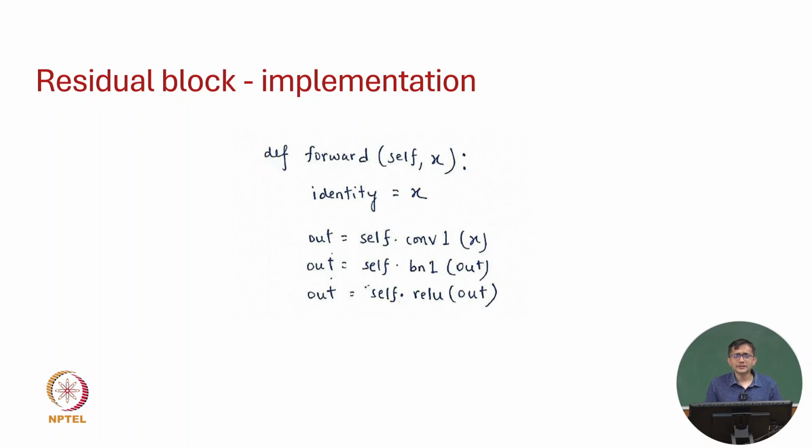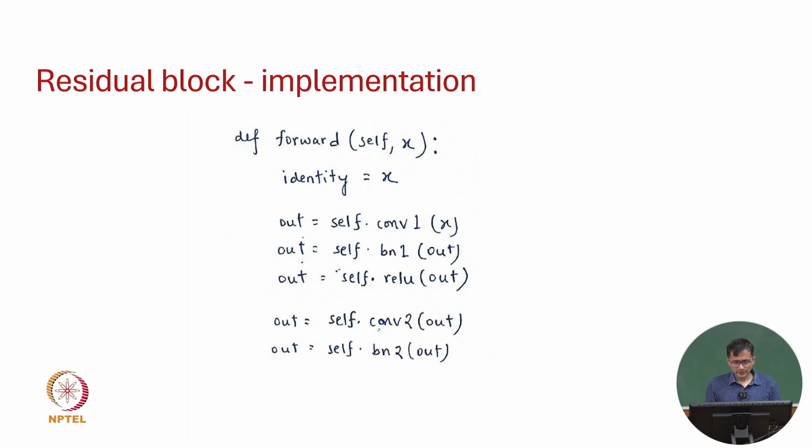Generally no. Generally in a residual block we'll see a number of such convolution layers. So let's see this. So that's what we are seeing now. The out is now again processed using another convolution layer, then again through the batch normalization, and now what we can do is do the step that makes it indeed the residual block.